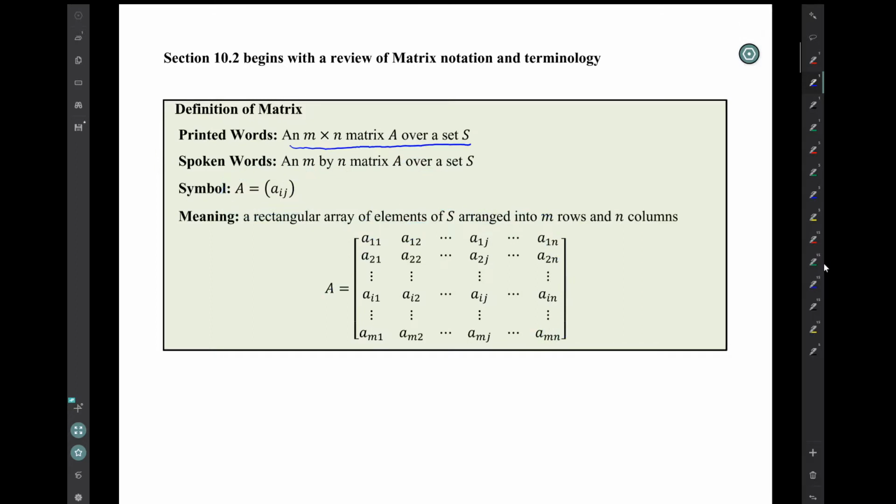And the key thing to remember is the number that gets mentioned first, the M, is the number of rows. M rows. The number that gets mentioned second is the number of columns.